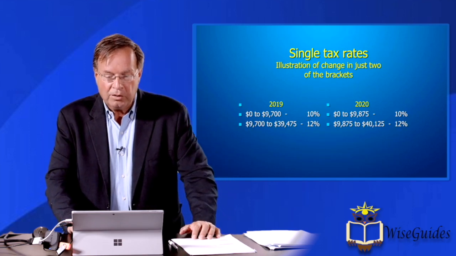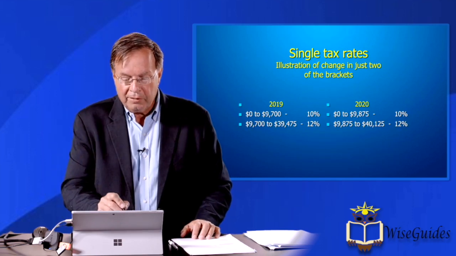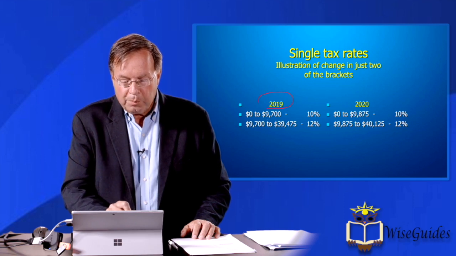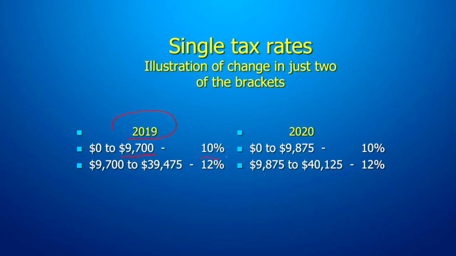Looking at the single tax rates for the current year. Last year in 2019, the rates broke for a single taxpayer in the 10% bracket at $9,700. This year, and I showed it to you and I just gave it a little hint in the publication, the rate breaks at $9,807.50. So therefore, it becomes 10% up to that point in time.